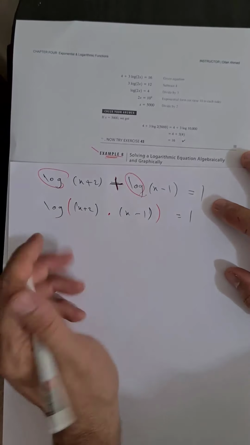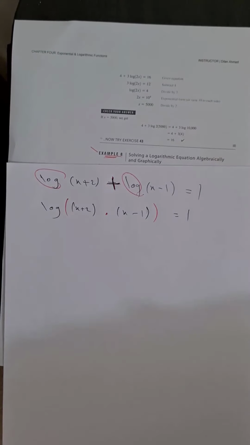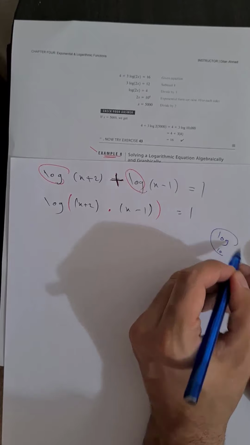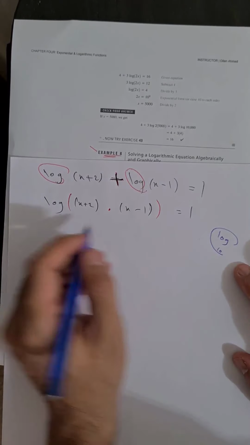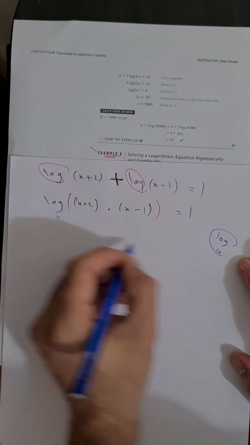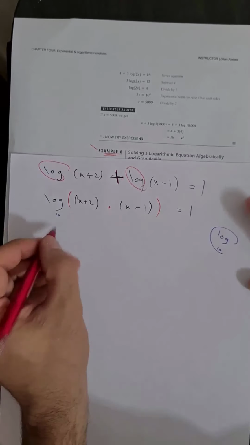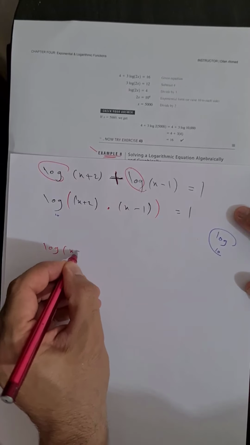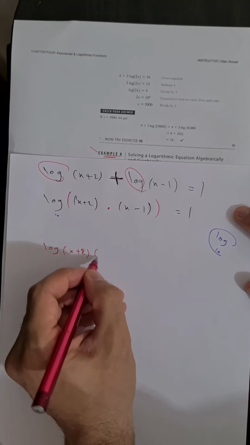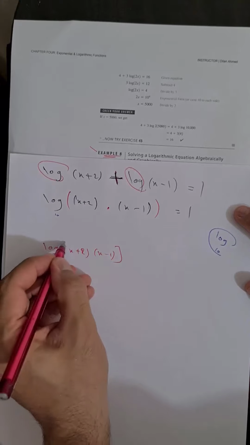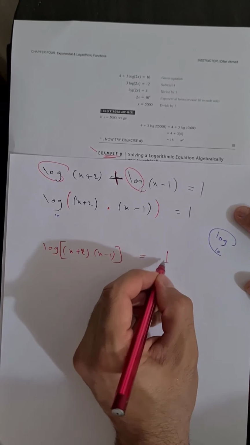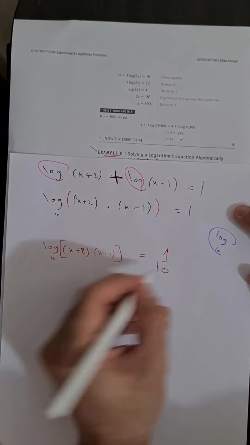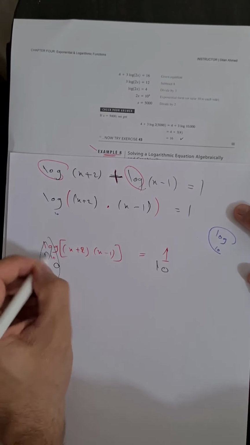And because I have a log, when we write log by itself, it means the base is equal to 10. So if I want to eliminate this log, I should write this part as 10 to the power of 1.